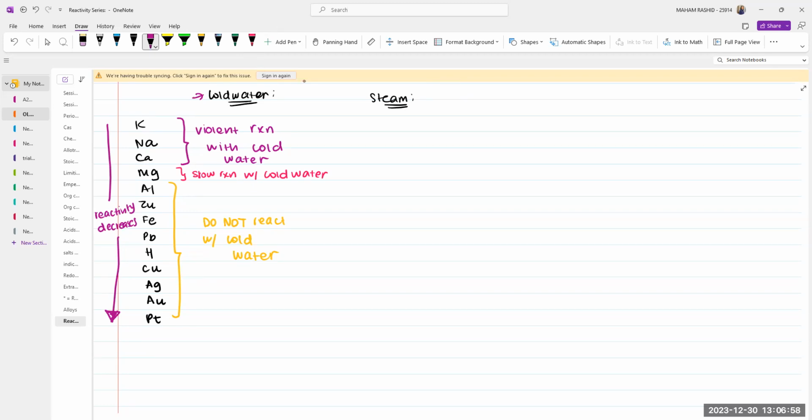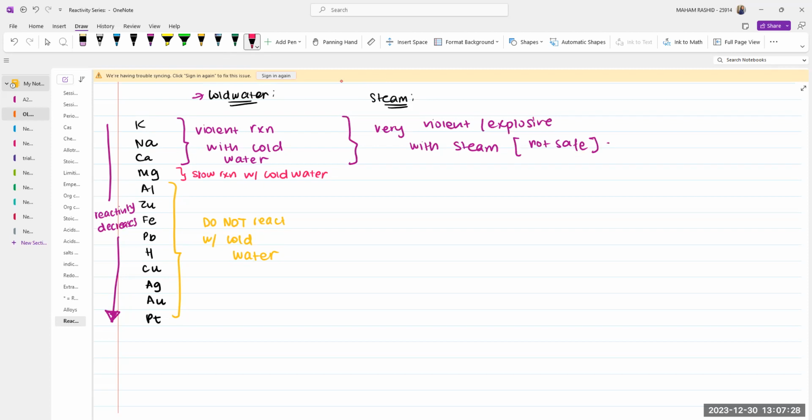So these react very violent slash explosive with steam. And it's so explosive that it is considered not safe.